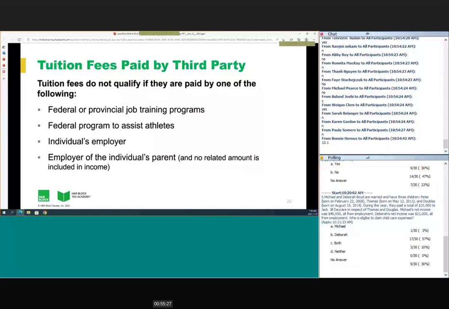You can't do it if your tuition fees were paid by a program to assist athletes, or by an employer, or an employer of your parents. However, if the employer pays for the tuition and it's included on the parent's T4 slip, then they would be able to claim the tuition fees, and that makes sense, right? If you're going to pay tax on it because of a taxable benefit, then you can take a credit for it.